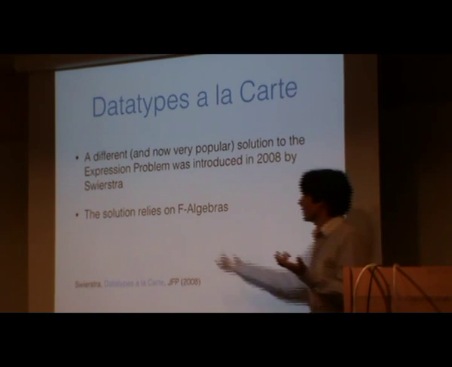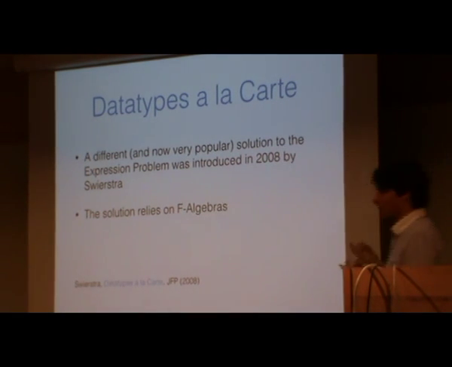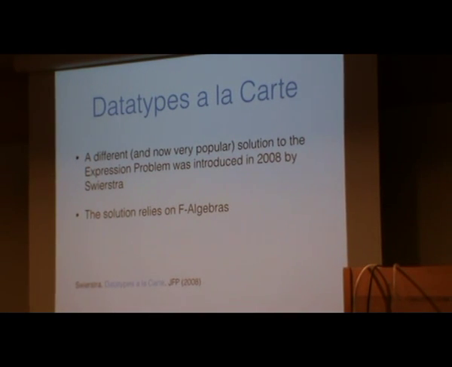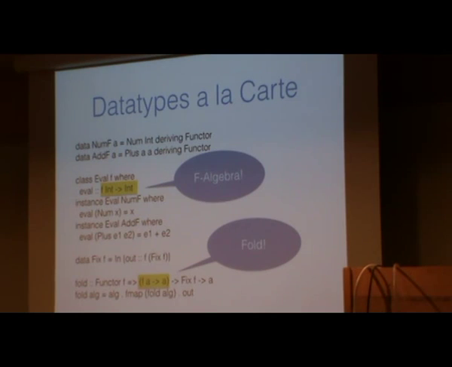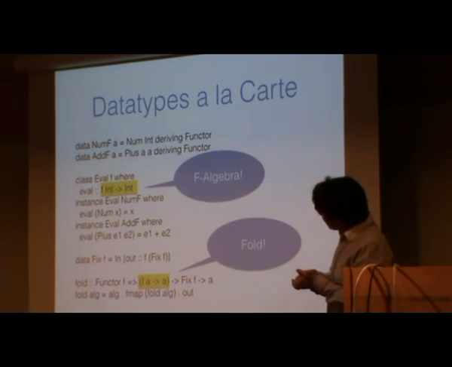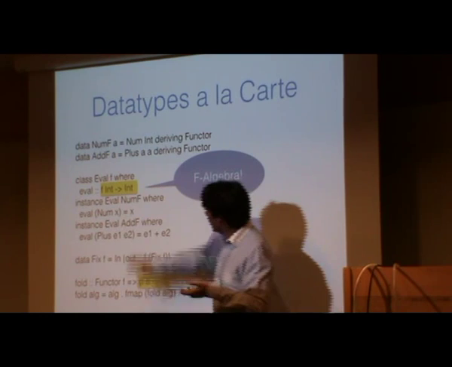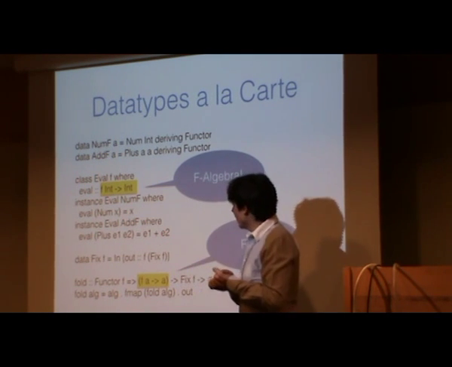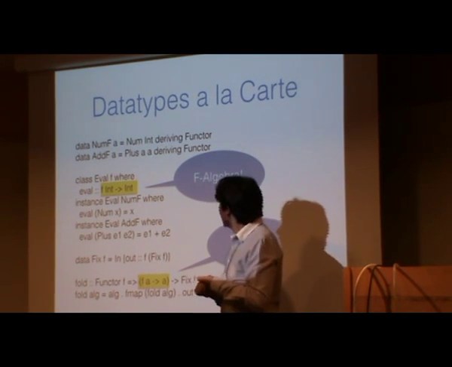It used these so-called F-algebras. Okay? So F-algebras, as we have seen before, they use a sums of products representation. And again, the goal is not to explain to you the details of the approach, but the approach also involves type classes, and it allows you to model F-algebras in a particular way.